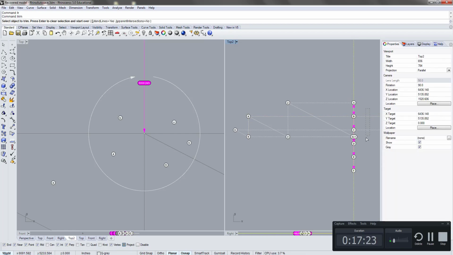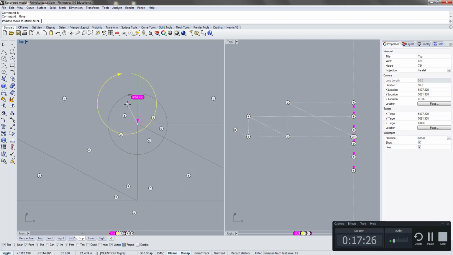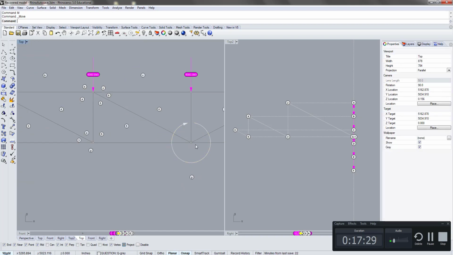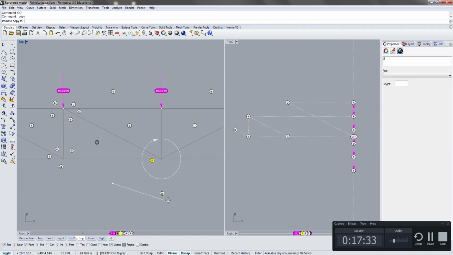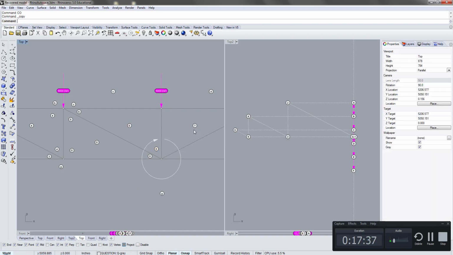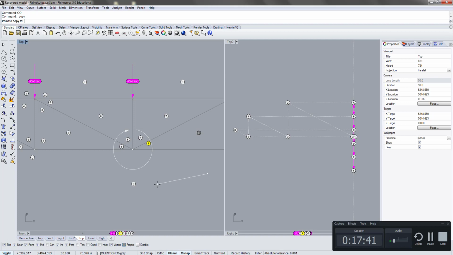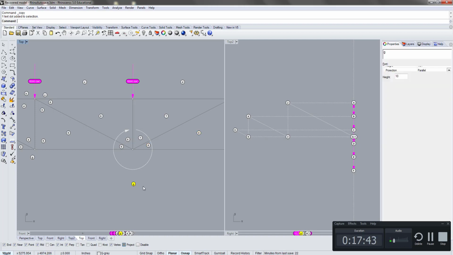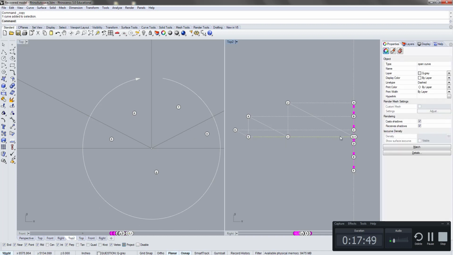So we have to move on to the next point, which is right here. So 5 is here, 6 is here, 7 is here, 8, and G. So now looking at this point, G5 is this line, so that's done.